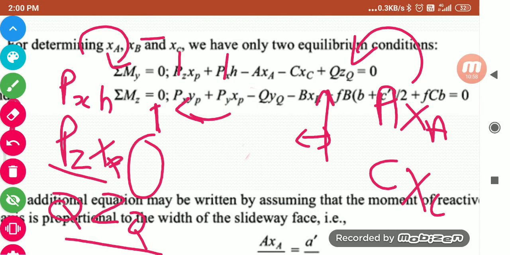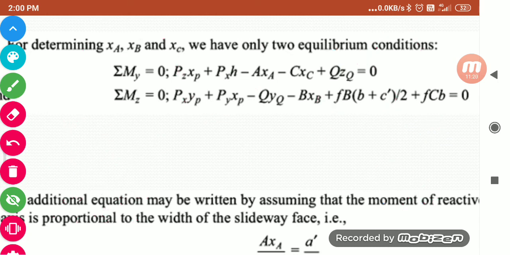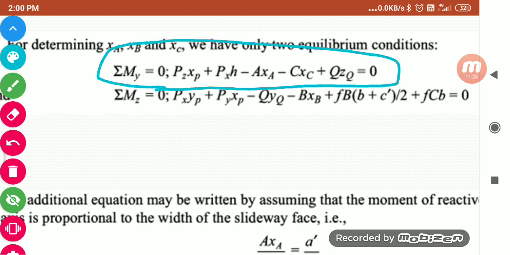Your px into h is covered up here. Then we have q times zq, which has been covered. Similarly, A times xa and C times xc. When you set this up, this is how your equation looks, and that is your first equation of the moment about the y-axis. We will look at the other equations in our next video. Thank you.